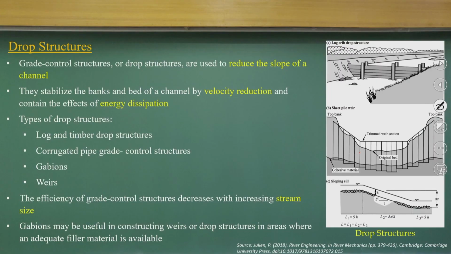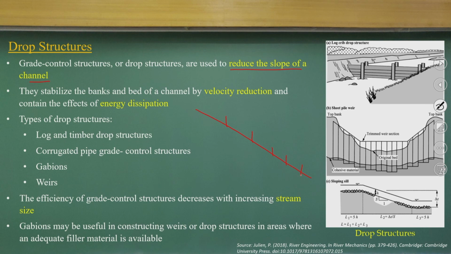Now, many times when you have rivers with a very large gradient, we want to reduce the slope of the channels. So, what do we try to create? We create small structures, like small check dams or timbers.